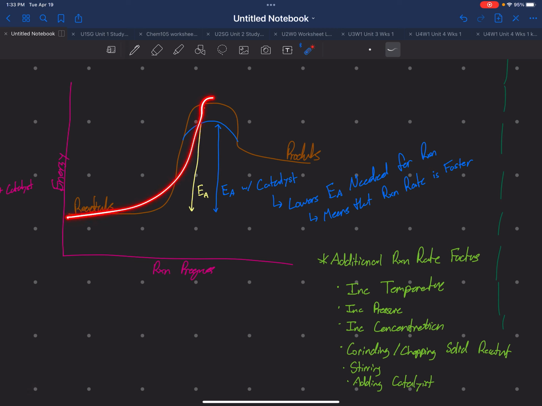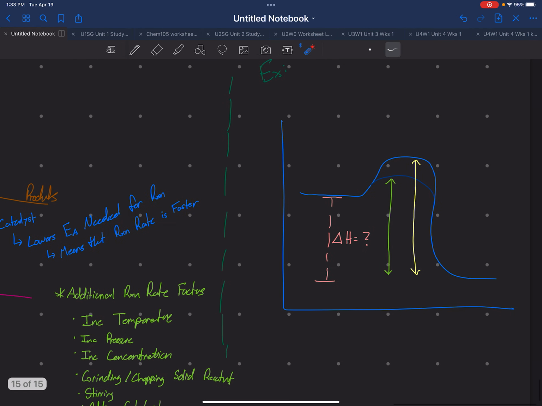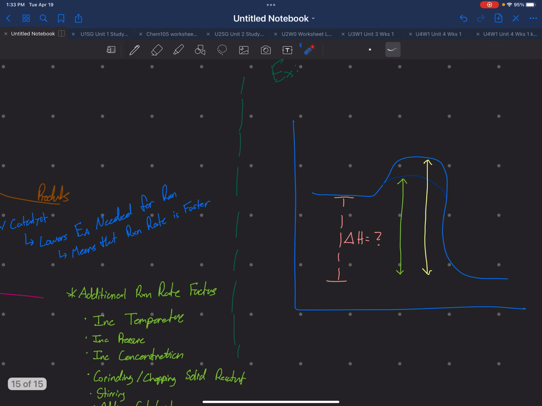So we talked about how this graph works, the different axes, activation energy, as well as the delta H. So here we have a different example. I left some stuff out, but I'm pretty sure you can figure it out. So this is energy, and then reaction progress.